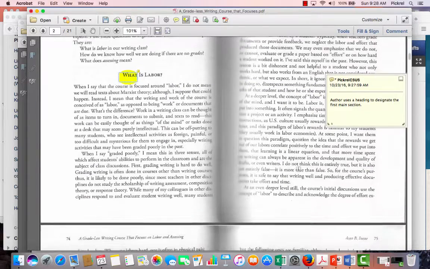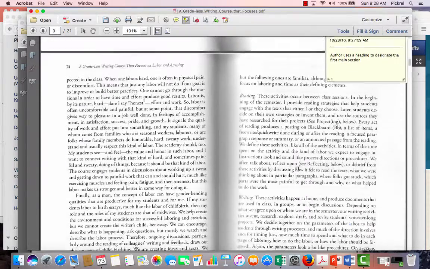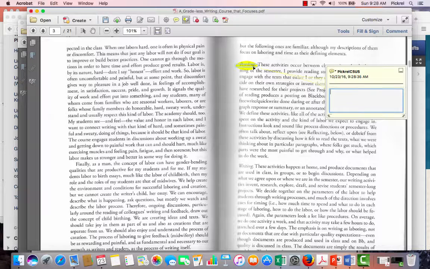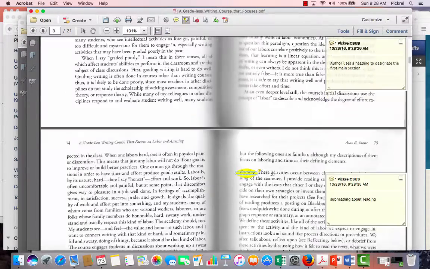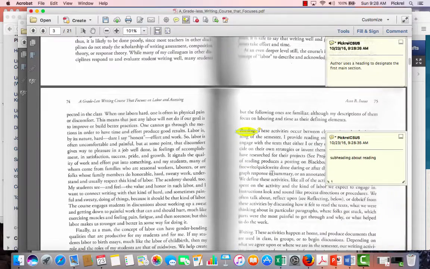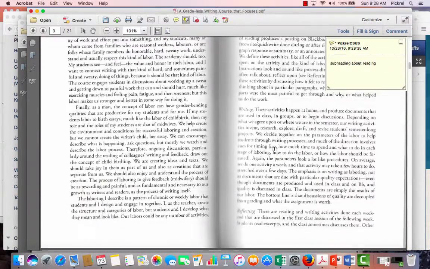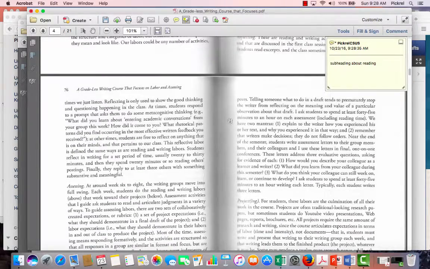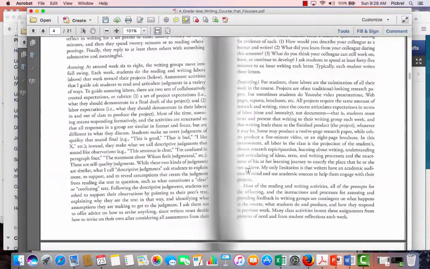And as we move through this section, we can see that after that he gives us some subheadings. So here we've got a subheading about reading. After that, we can see there's one about writing. And so he further defines labor in terms of each of these particular tasks: writing, reflecting, assessing, projecting.